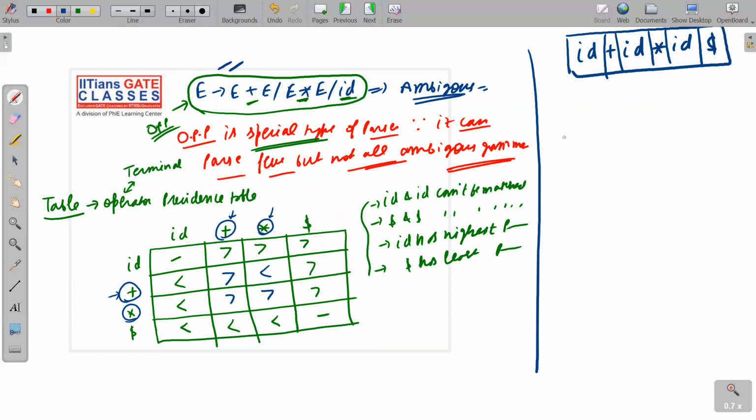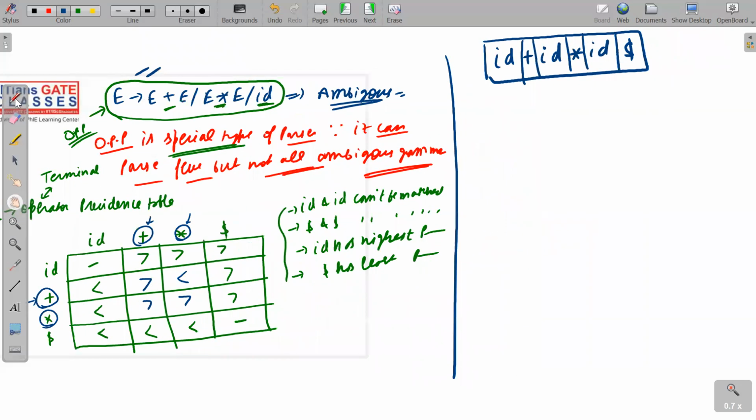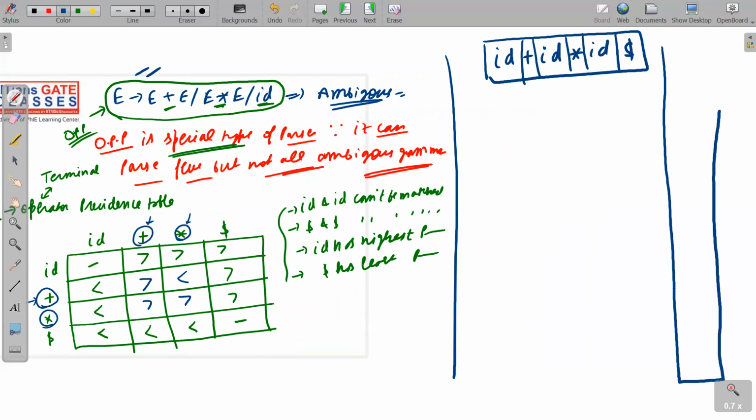We will have a stack. Let me show you the stack here, with dollar at the bottom. The look ahead pointer is pointing to the first symbol, that is id. And we will say dollar and id are compared.